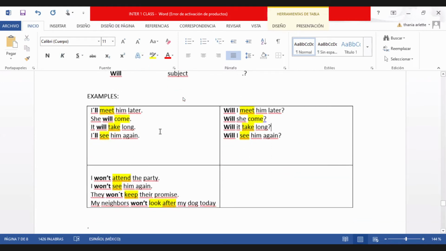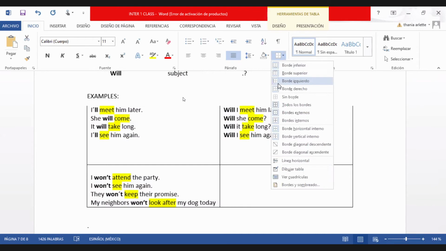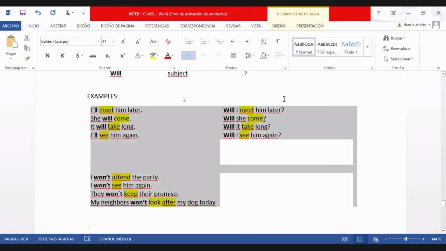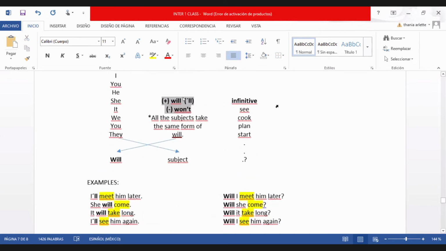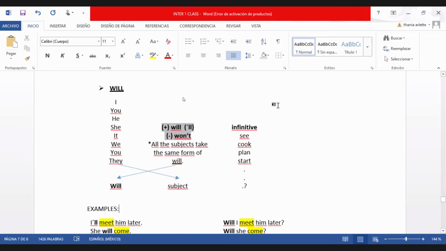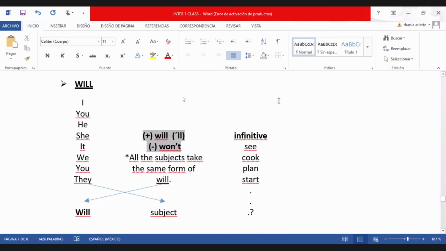Okay. All right, so let me eliminate this. So I think now you can take your screenshot. We are missing some information, yes, but this is the first part, okay? So take a screenshot, my dear students. Will, that is another future form. The structure.